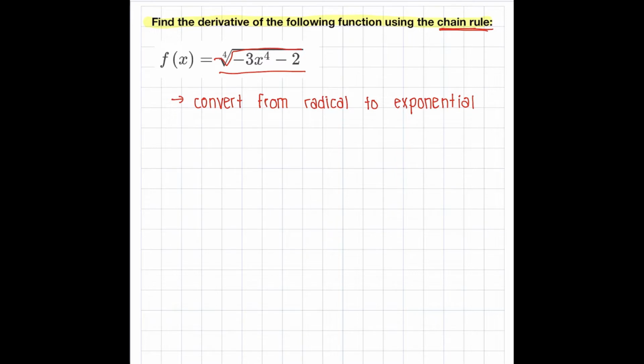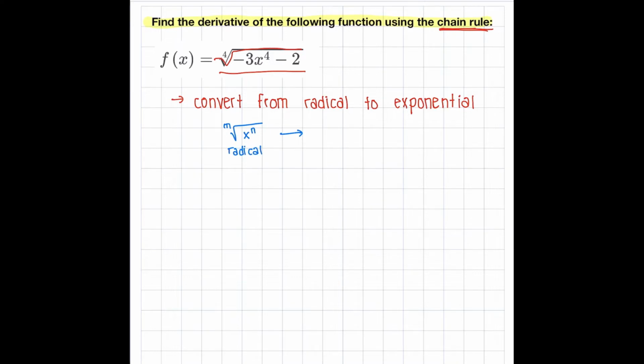So if we want to convert from radical to exponential, we have to use this rule here. Radical of x to the power of n with an index of m, and this would be the radical form.